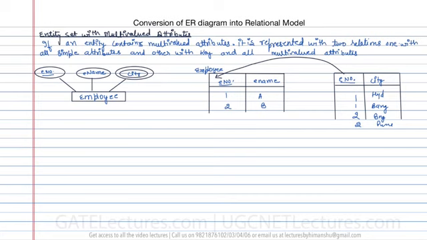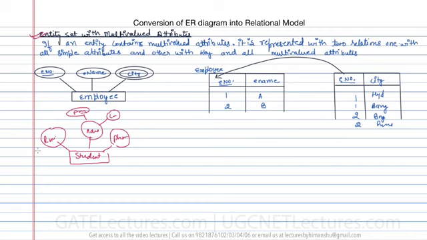Now check this out. Here it is the entity set with a multi-valued attribute. Sometimes it can happen that you have multiple values. If I take student as an entity, a student can have a roll number, a name that can be further divided into first name and last name, and a phone number.